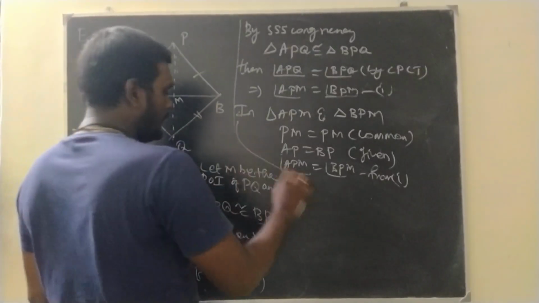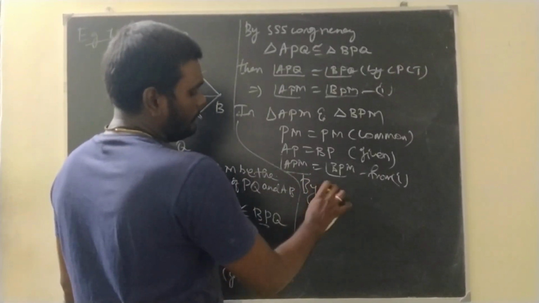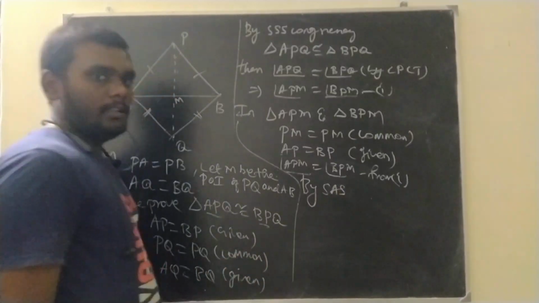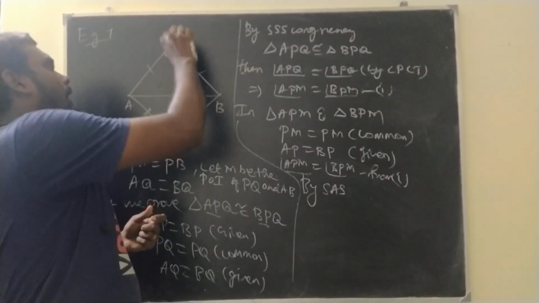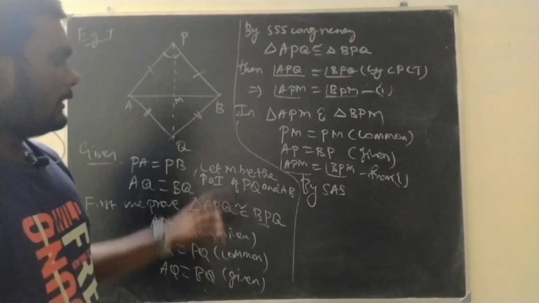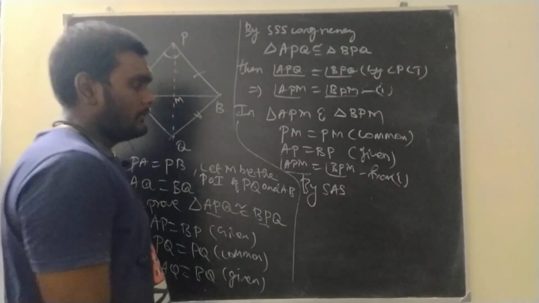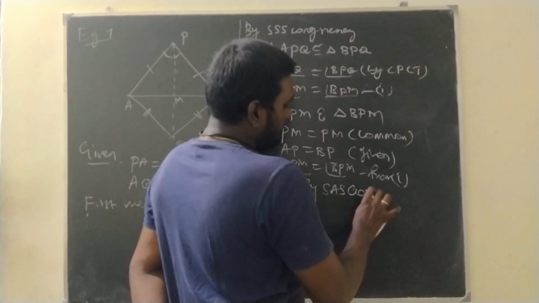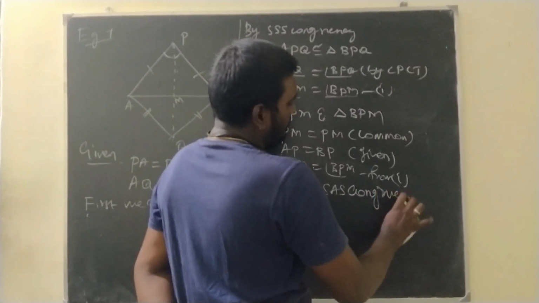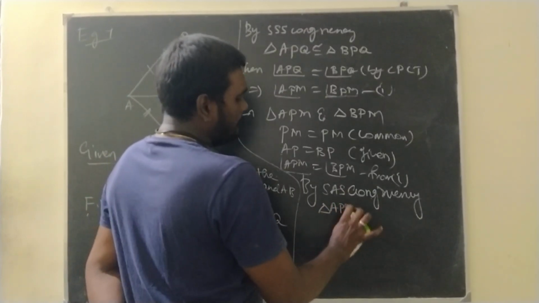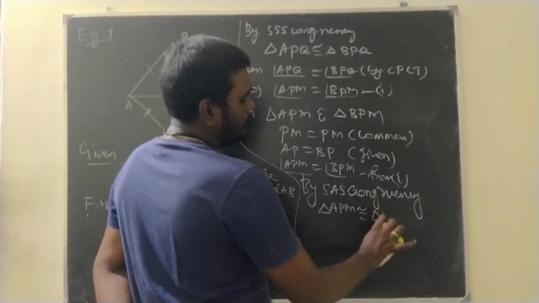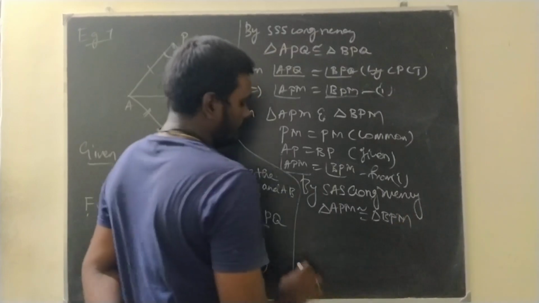Then by what congruency here? Yes, SAS. Two sides are equal and the angle lies between the two said sides. So by SAS congruency, we have triangle APM is congruent to triangle BPM.